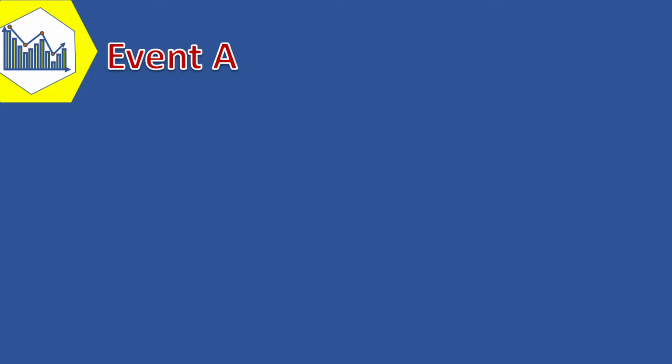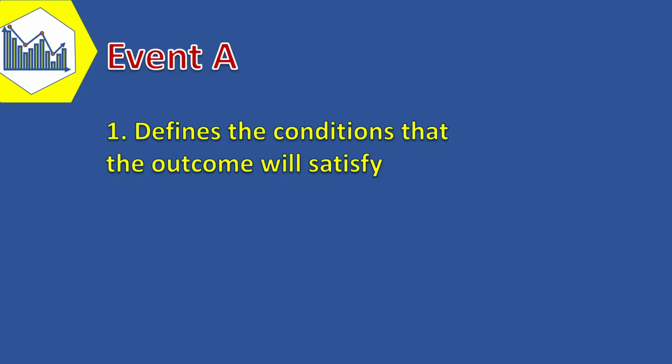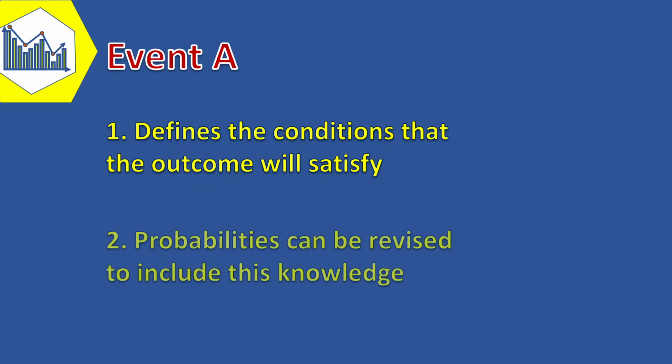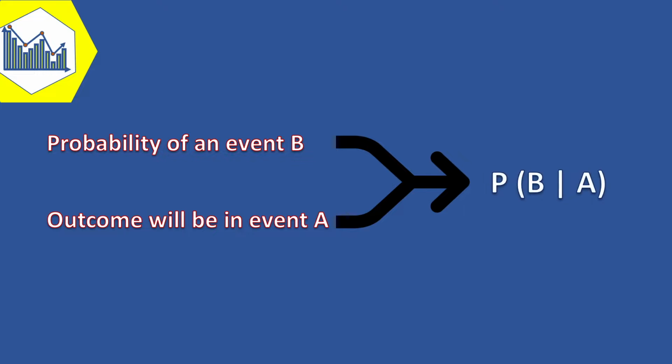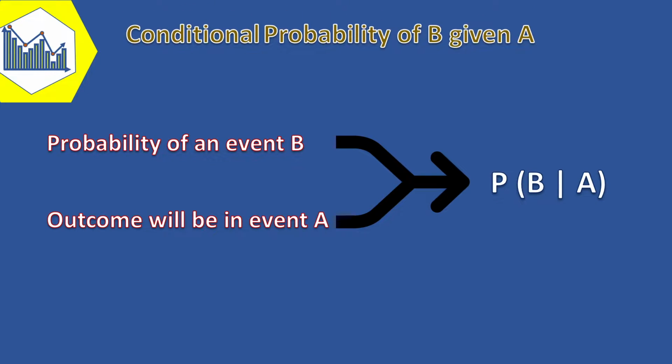This event, say A, defines the conditions that the outcome will satisfy. Then, probabilities can be revised to include this knowledge. The probability of an event B under the knowledge that the outcome will be in event A is denoted as this, and this is called the conditional probability of B given A.